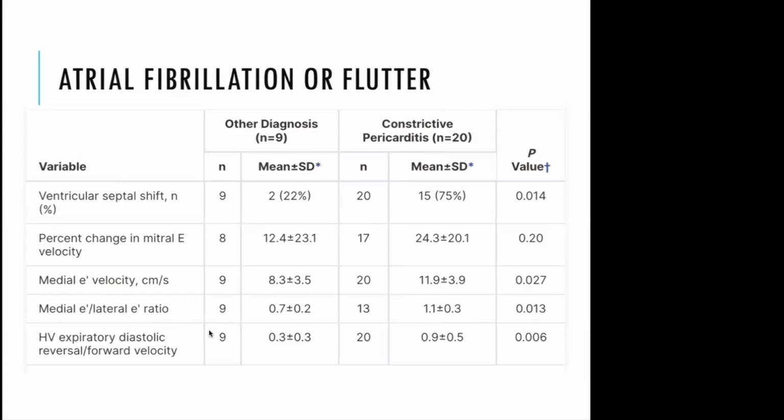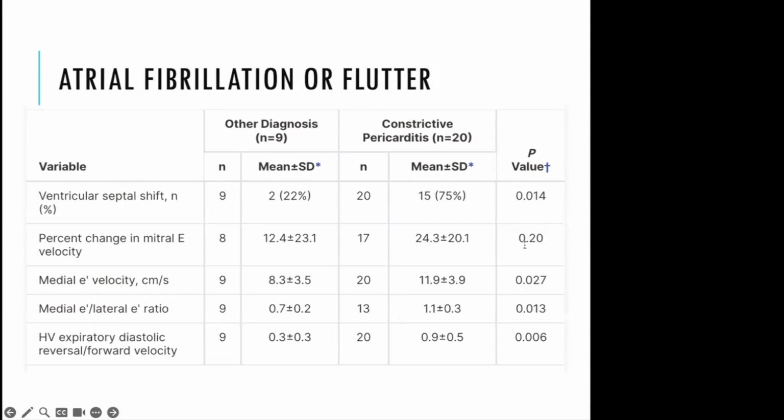The other thing we need to consider is the presence of atrial fibrillation or flutter in the diagnosis of constrictive pericarditis using these same criteria. Looking at the p-values, we can see for the most part these are all fairly significant and would be useful in distinguishing constrictive pericarditis.